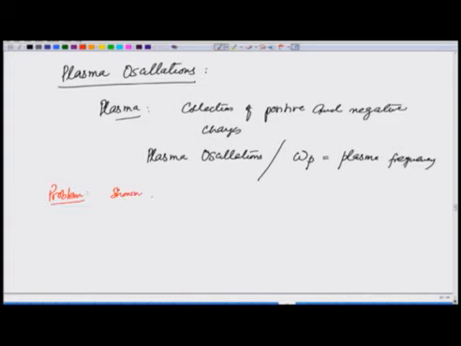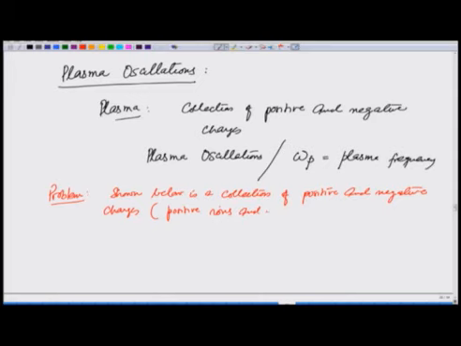So, the question that we are going to ask is this problem. Shown below is a collection of positive and negative charges. We can say positive ions and electrons.